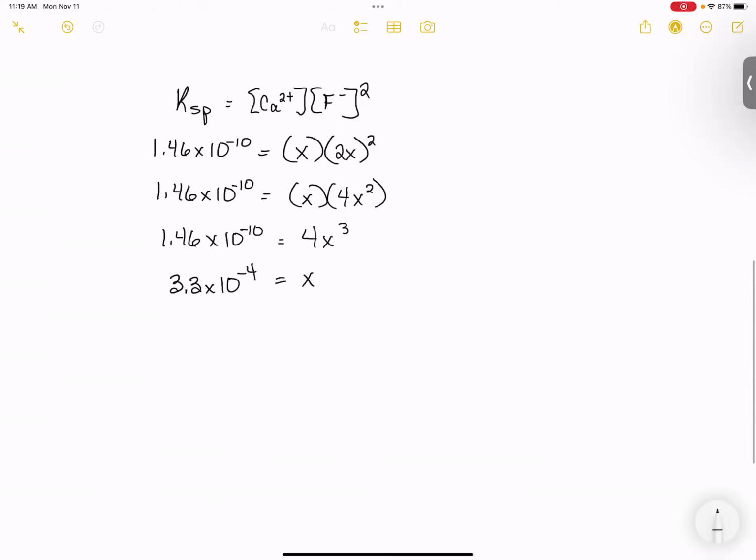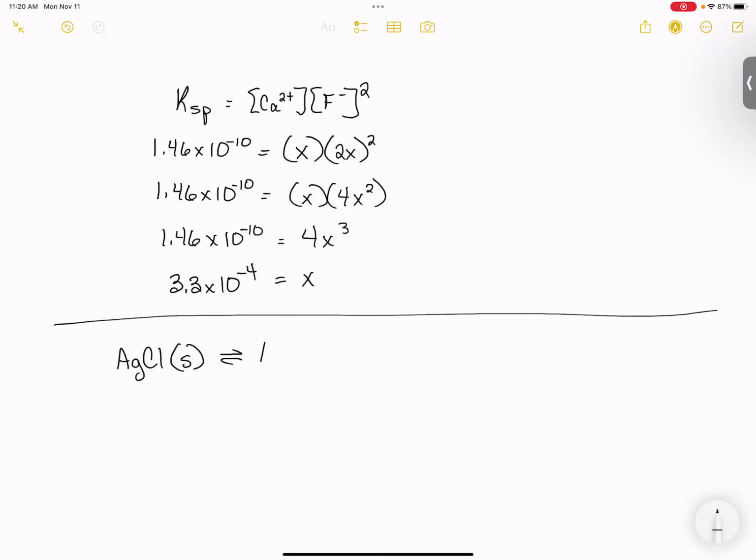Let's look at another example. Let's take lead chloride. Well, let's take silver chloride first. Silver chloride, we were told, was an insoluble salt.